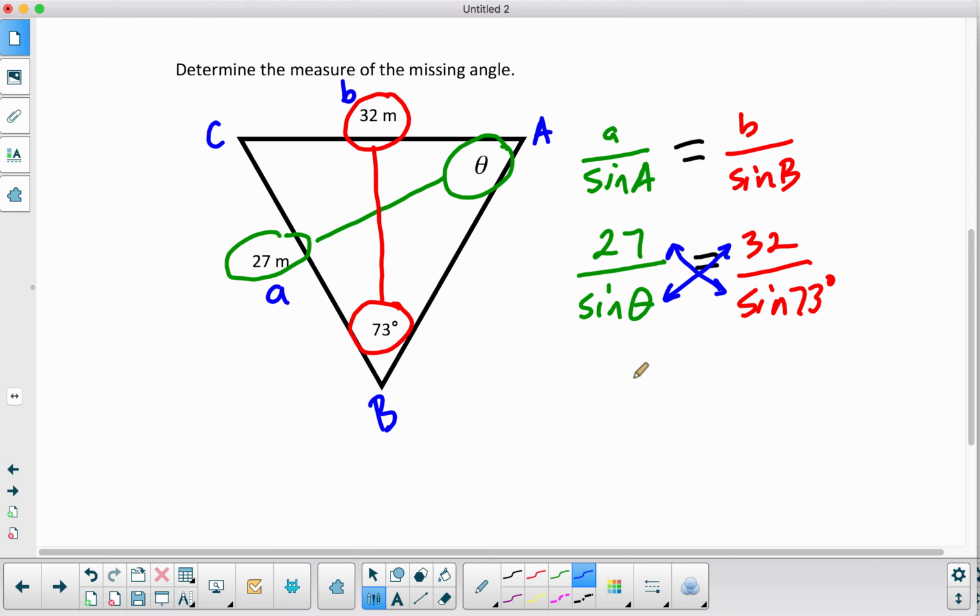So we have 32 times sine theta equals 27 times sine 73. And we want to get sine theta by itself, so we divide both sides by 32.